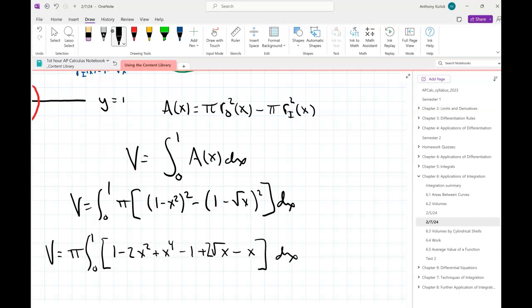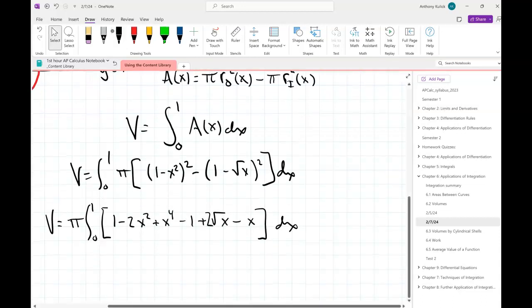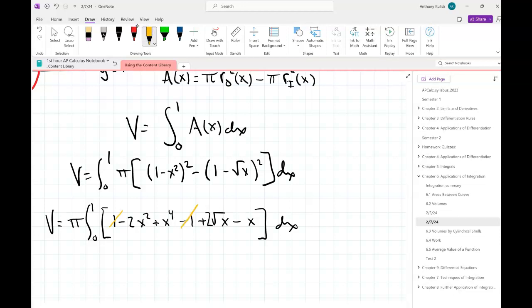Okay. Yeah, that looks good. I noticed that the -1 and +1 can combine to give us 0. Let's go ahead and do that simplification. But other than that, I don't see anything else to simplify, so we're ready to do our antiderivative.